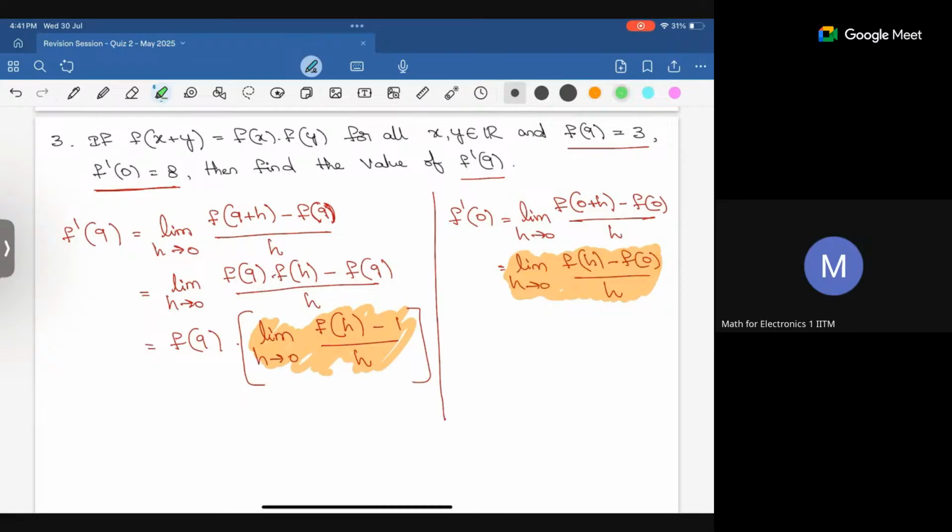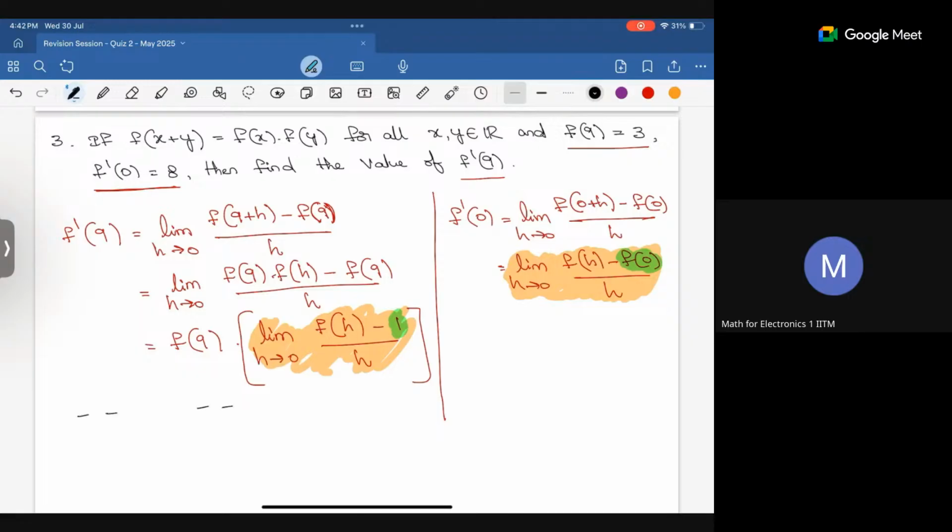Here we have 1, here we have f of 0. So if I can prove that f of 0 is 1, then these two expressions are the same. So somehow we have to find f of 0, and see whether f of 0 is 1 or not.